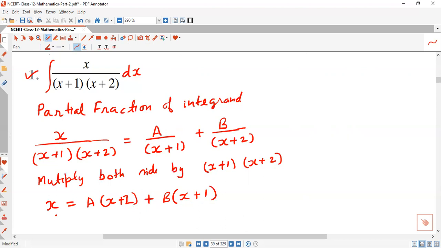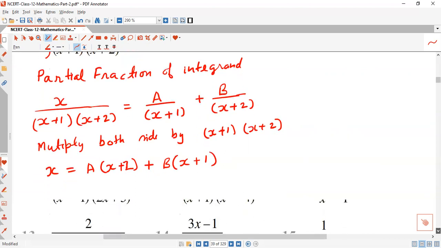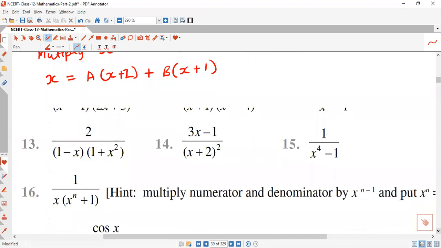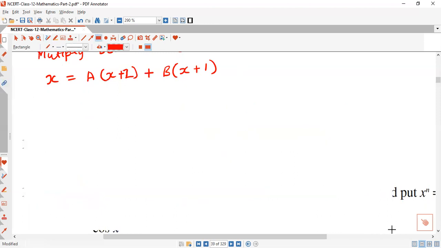Now we compare the coefficient of x and the constant on both sides.